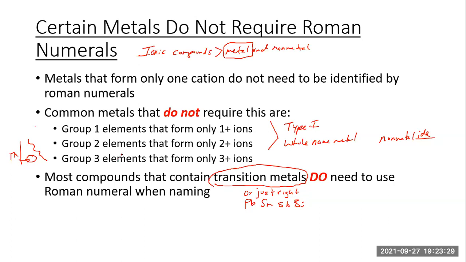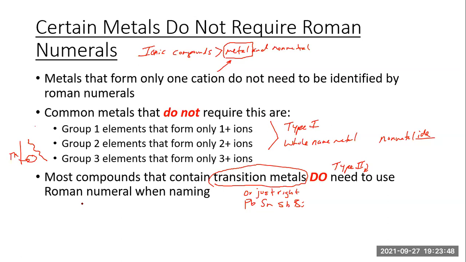Remember that Roman numerals are for type 2 compounds, which again is a metal and non-metal where the metal is the most important thing. The reason we use a Roman numeral is because the metal has the ability to make more than one type of charge.